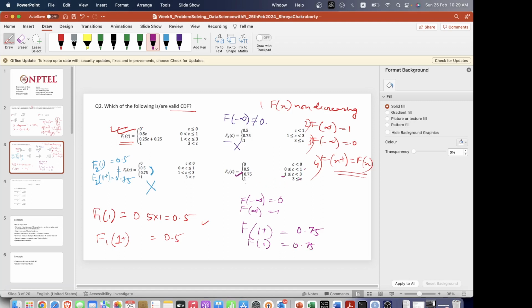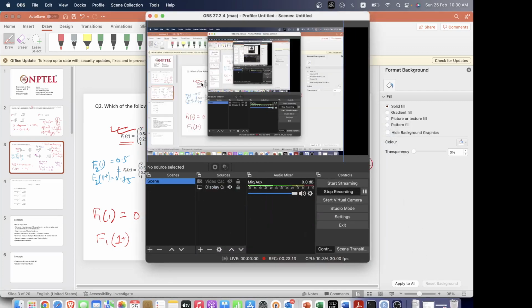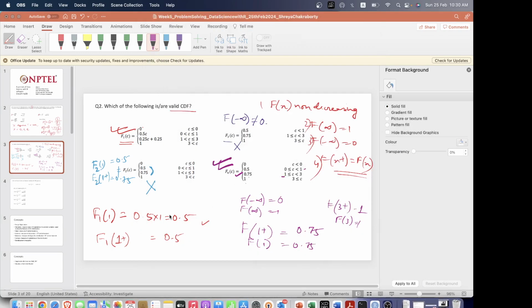Another discontinuity point is this thing: F of 3 plus is 1 and F(3) is also 1. Alright, so this F4 is also a valid CDF. Is it okay? Yes, ma'am. Alright, fine.